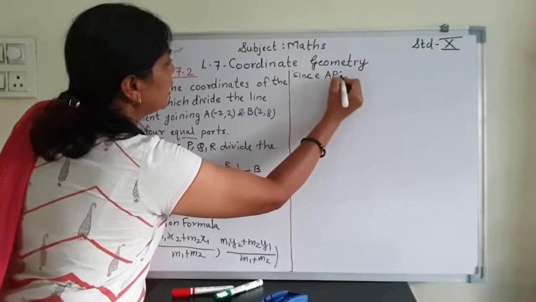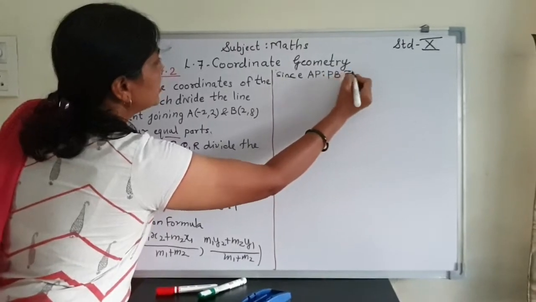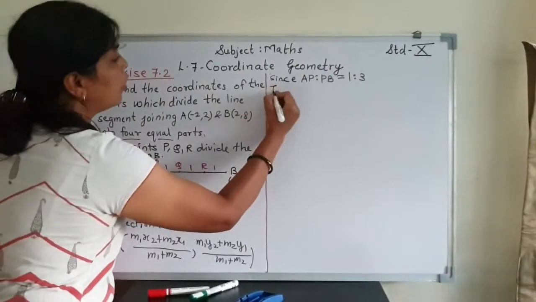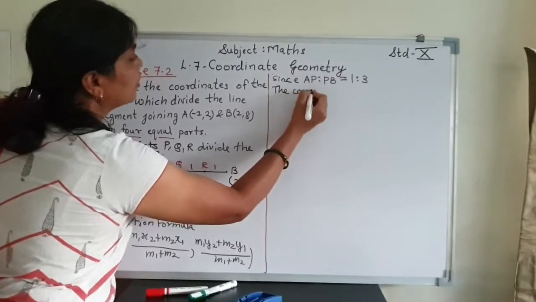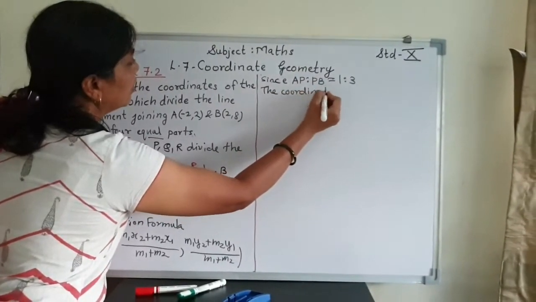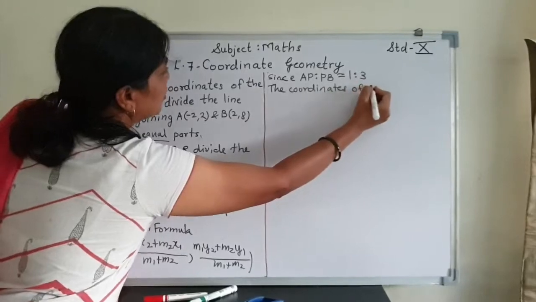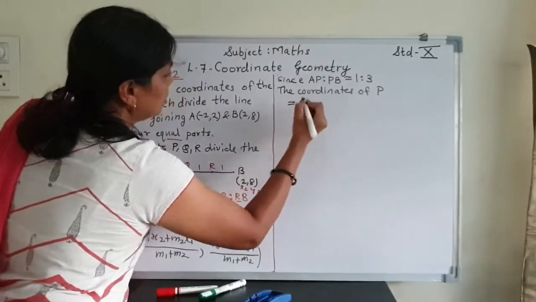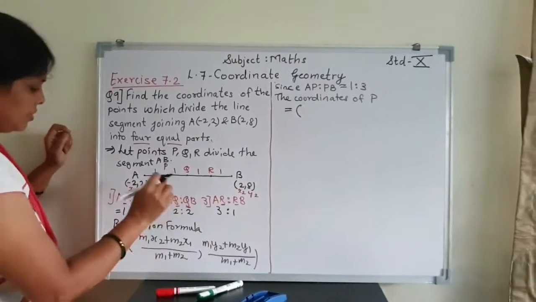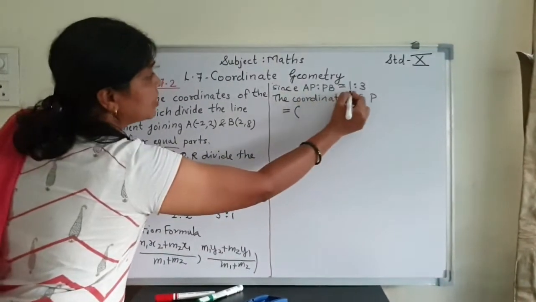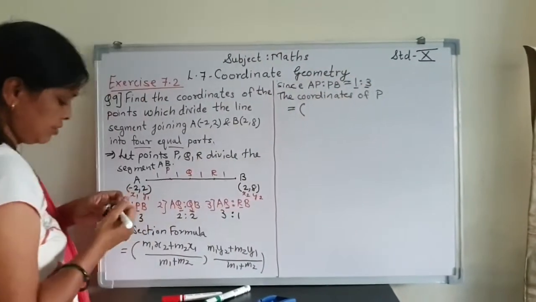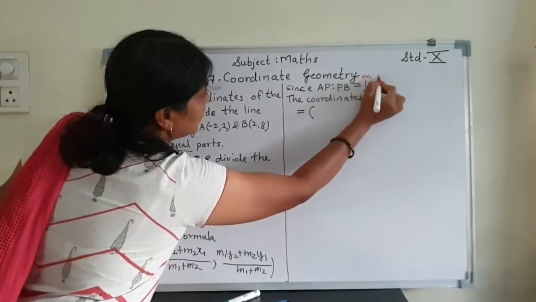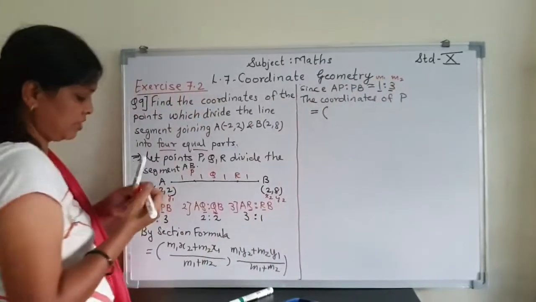So now we will find it. Since AP is to PB is equal to 1 is to 3, the coordinates of P are equal to, now here M1 is 1 and M2 is 3.